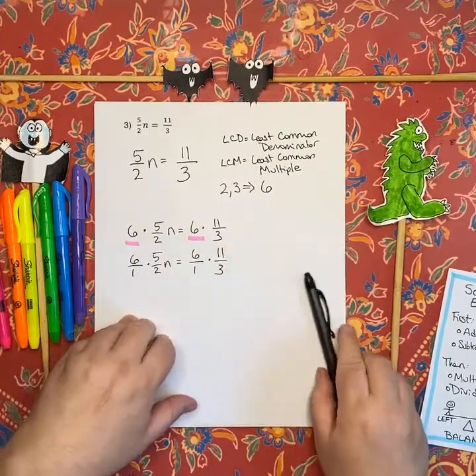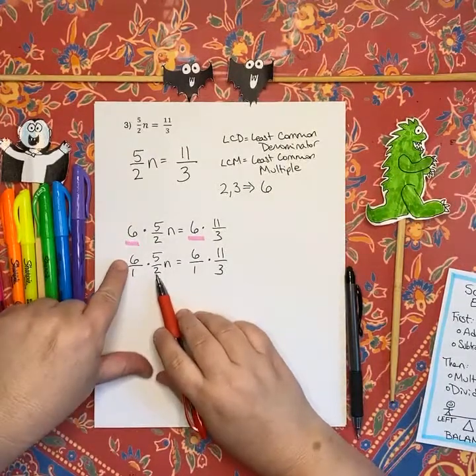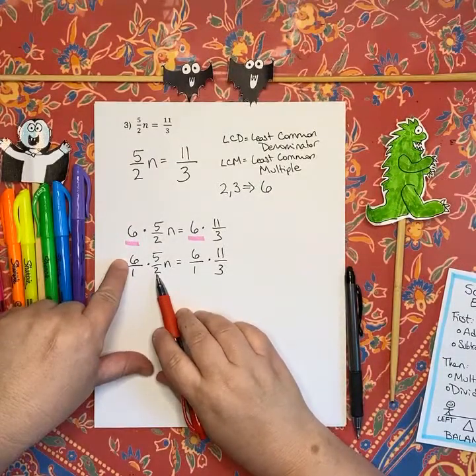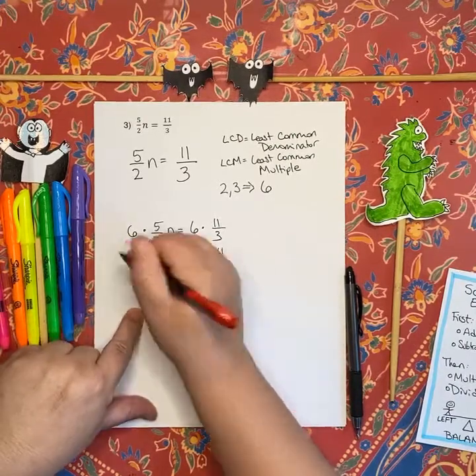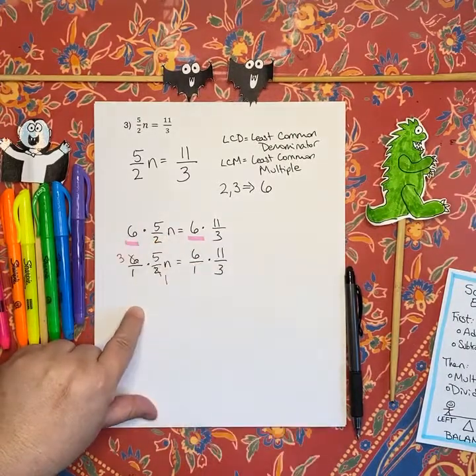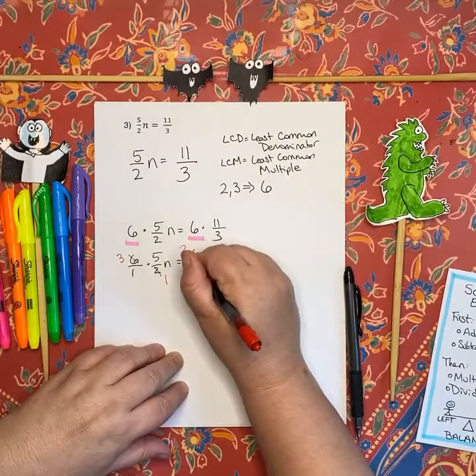And once I've done that, it's really clear that I can cancel, I can reduce. I've got the 6 here and the 2 here. The 2 cancels and I get a 3. And over here, the 3 cancels with the 6 and I get a 2.